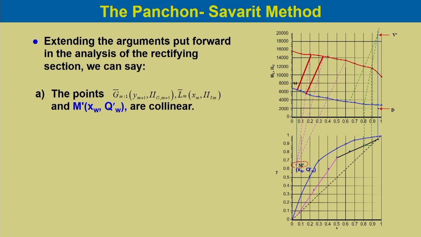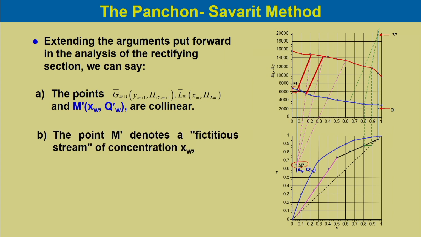This is m dash, this is m. So, they are collinear. The point m dash denotes a fictitious stream of concentration x w.